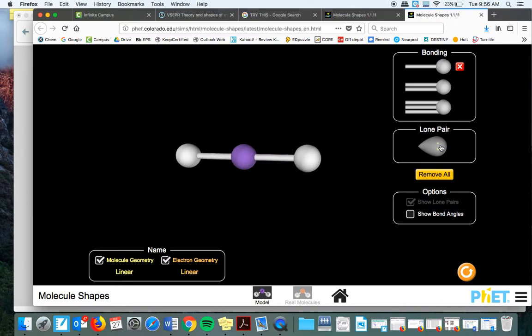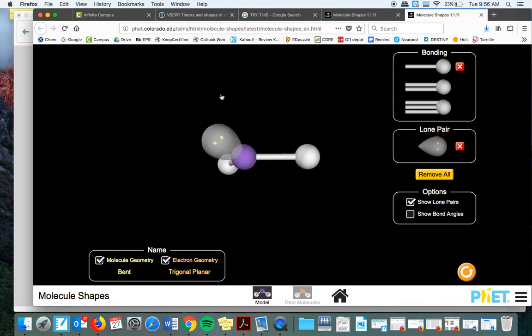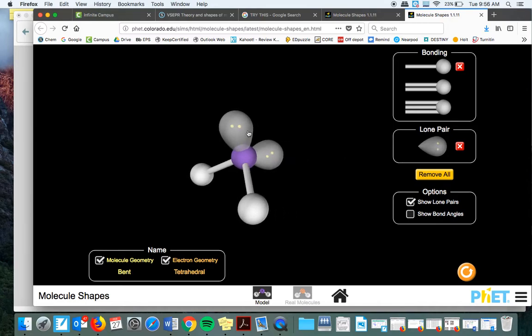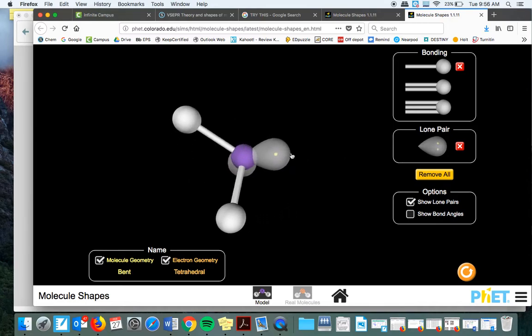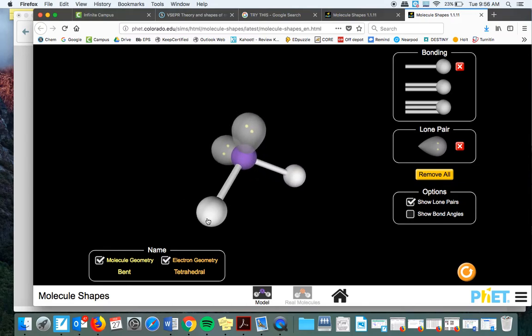But if you add a lone pair of electrons, now you can see that the lone pair of electrons is very negative, which is causing repulsion of the bonds, which causes the angle to decrease and causes bending. This would be like what a water molecule would look like with the two unbonded lone pairs. Oxygen would be the purple, and then the whites would be the hydrogens.